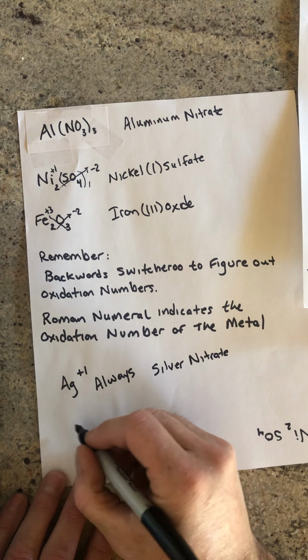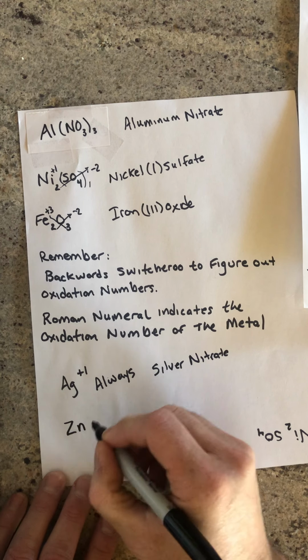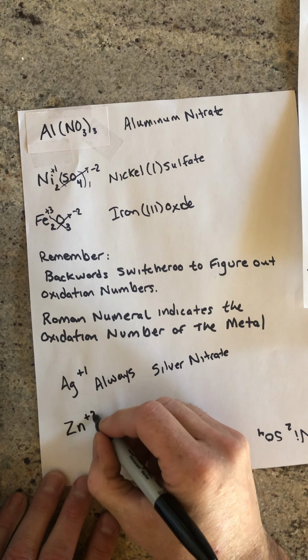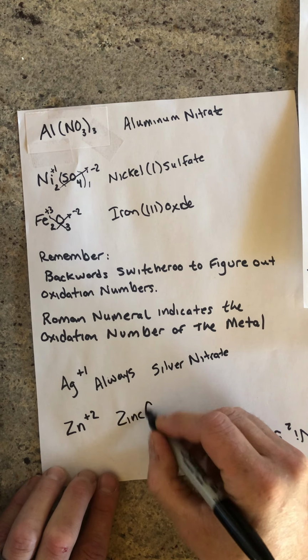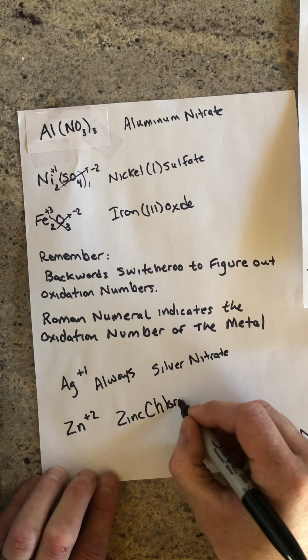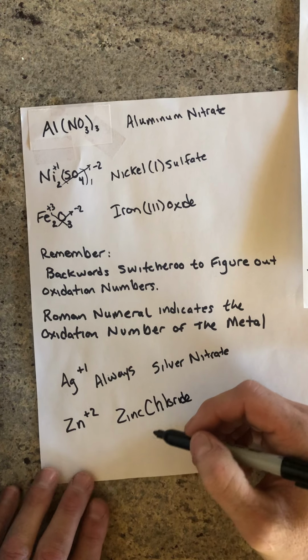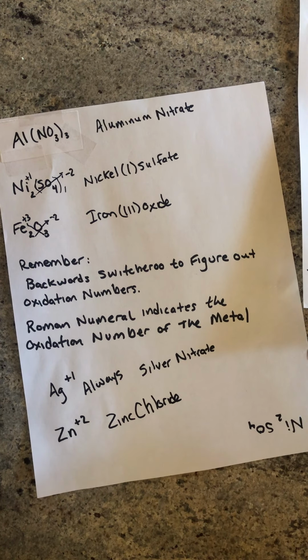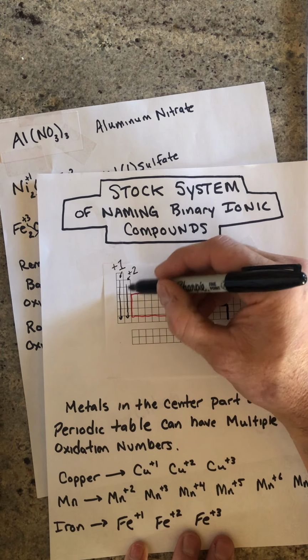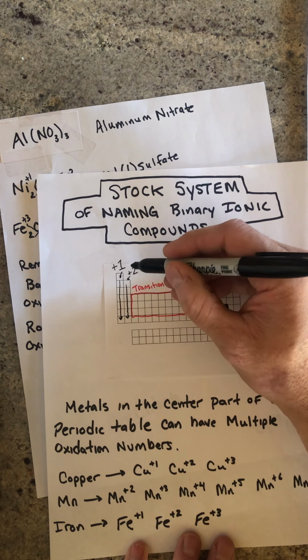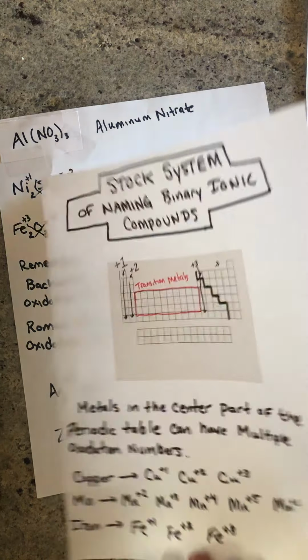Another very common one that I think you should be aware of is zinc, which is always +2. And so again, if you see zinc chloride, for example, you'll notice there's no Roman numeral in this name, and that's because zinc oxidizes with the same oxidation state as these +2 ions, and we don't use a Roman numeral for them either.